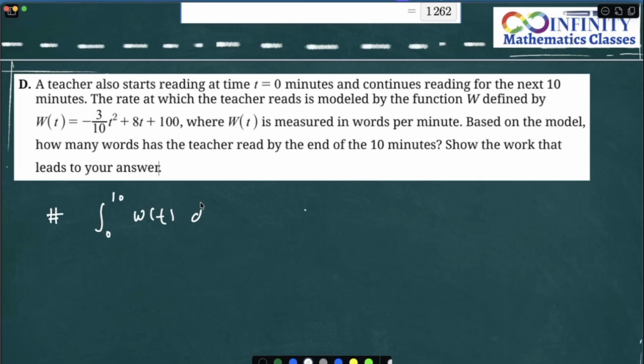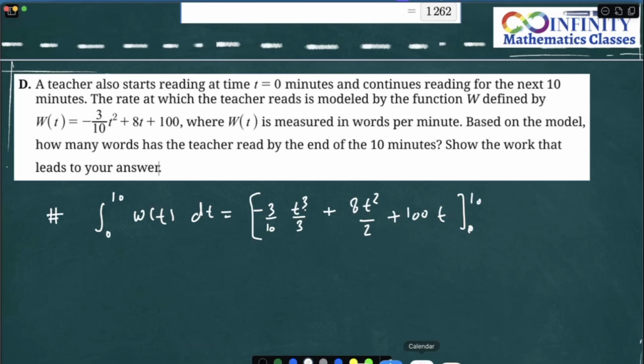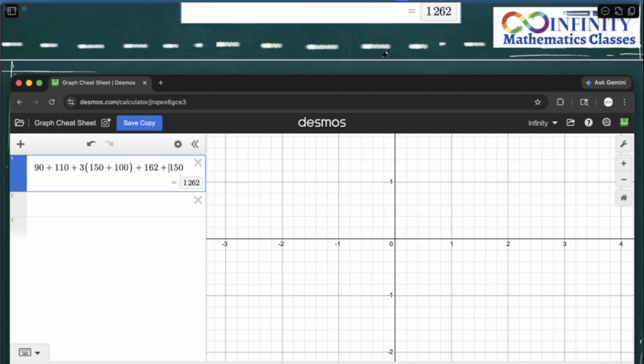Carry it out. So it is negative 3 by 10 t square, which is going to be t cubed by 3, plus 8 t square by 2 plus 100 t. You need to just apply the limits 0 to 10. You will be able to get the answer. Okay. Let me use Desmos again because we can use Desmos right now.